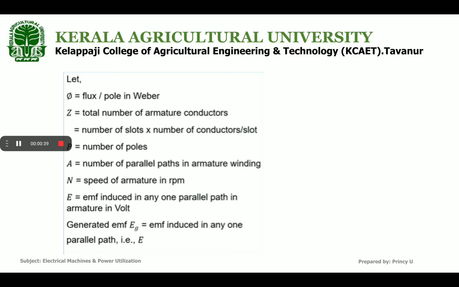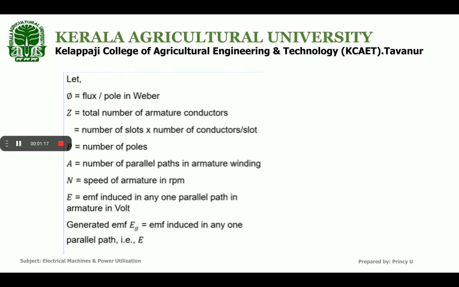So, we are going to define and explain the generated EMF, EG. First, we assume some terms used in the EMF equation. The rate of change of flux is our EMF. Phi is the flux per pole in Weber, and the total number of conductors in the armature is Z, which is equal to the number of slots into the number of conductors per slot.